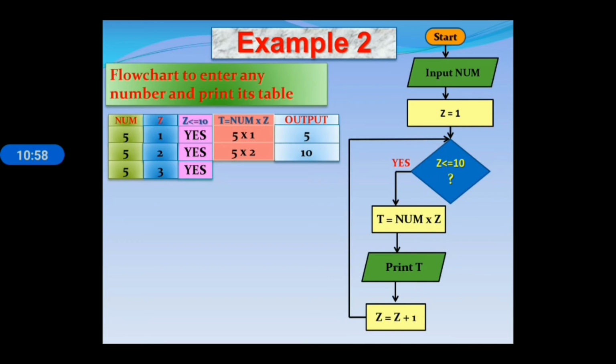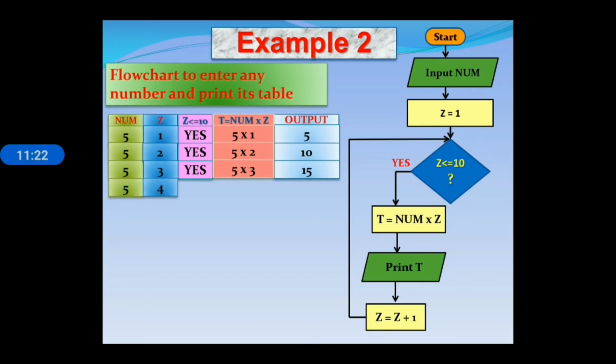Then again it will multiply the value of num with z and the result is stored in t. Then it will print the value of t, that is 5 into 3 equals 15. Then again the value of z is increased by 1. Now the value of z becomes 4.